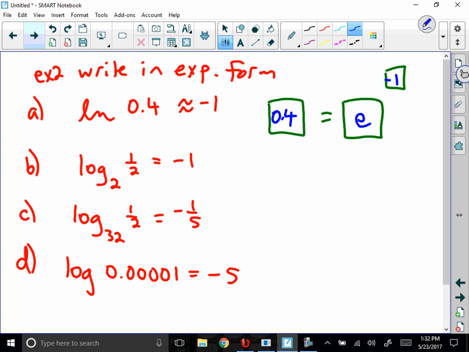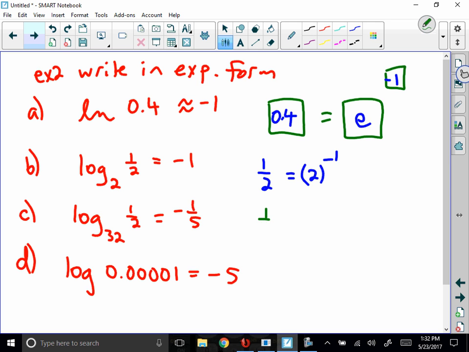Who thinks they got number B figured out then? Yeah, what do we got? One half equals 2 to the -1st. Good. And then C is going to be what?